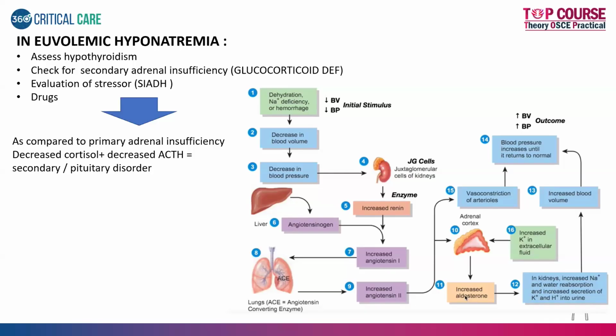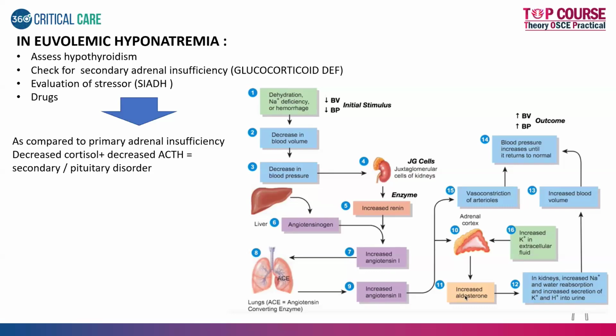Okay, so angiotensin goes and acts both on the adrenal cortex, and also acts on the arterioles. When it stimulates the adrenal cortex, there is another pathway that is stimulated. The adrenal cortex usually produces aldosterone.